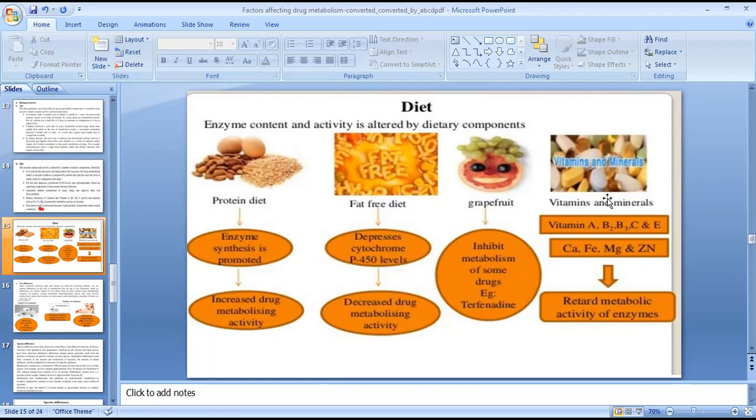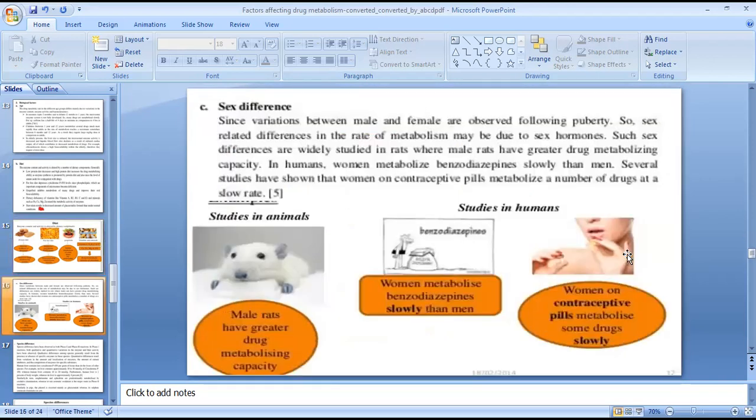Now the next is the vitamin and mineral containing diet, which includes vitamins A, B, C, E, calcium, ferrous, magnesium, and zinc. They retard the metabolic activity of the enzymes.